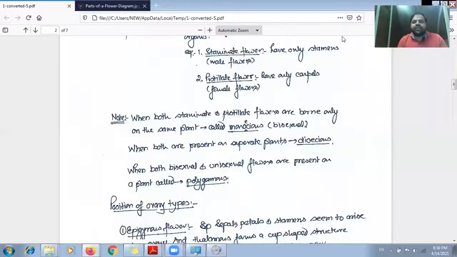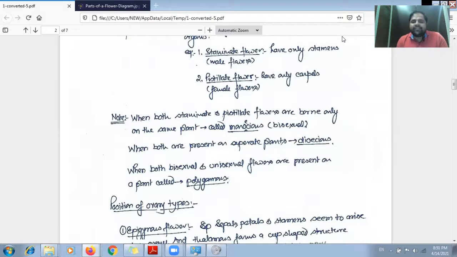But now the second term is dioecious or monosexual plants. So in case of dioecious or monosexual plants, the plant will have only one kind of sexual organ. It means either they have male flower or female flower, but not both.